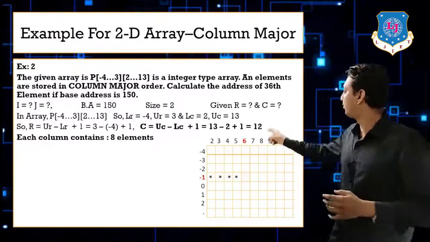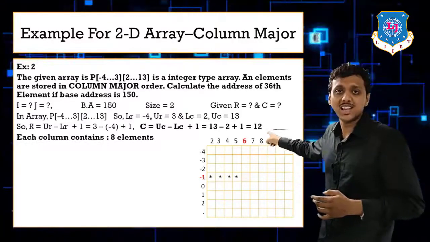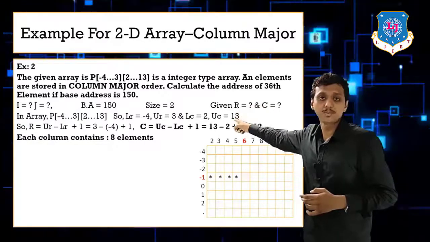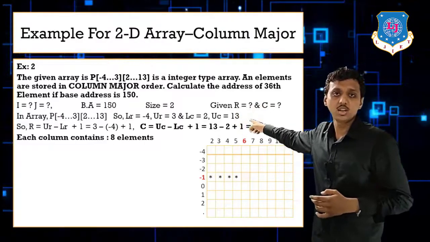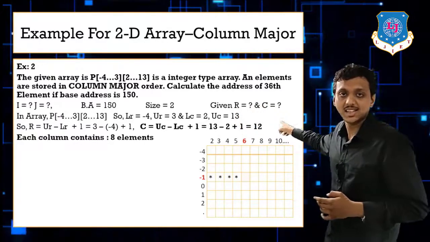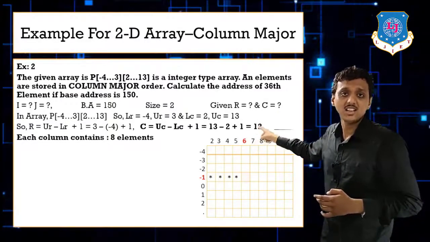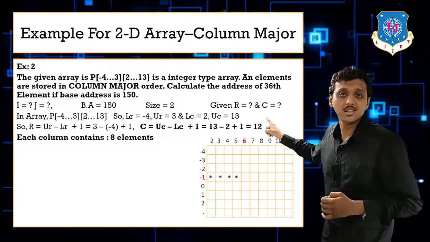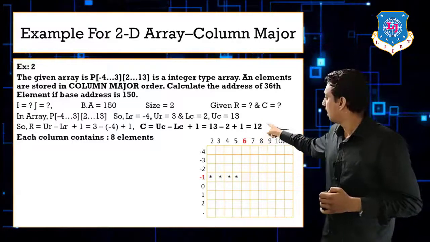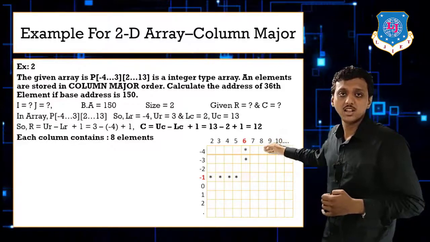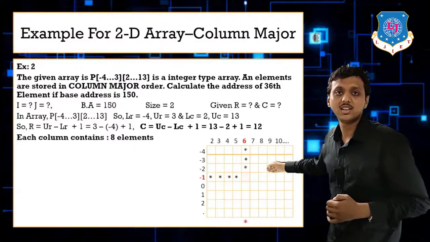Now in the fifth one, what exactly is our fifth column? See, the first column number is 2, then 3, then 4, then 5, and then 6. 6 is the index, it is our fifth column. So after completing 32 elements, the first element becomes 33, 34, 35, 36.